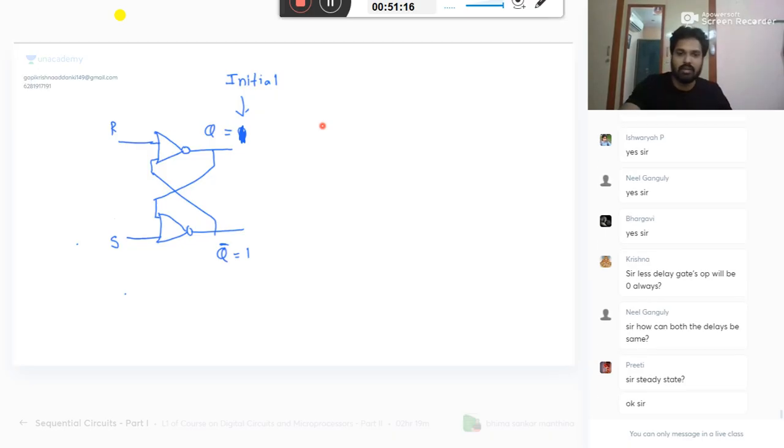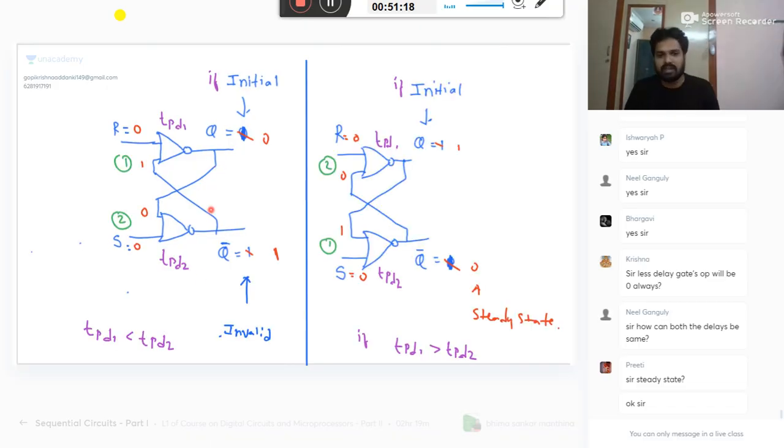Now listen here. Practically, at least some little difference may be there. Even if you make them with the same manufacturer, same beta value transistors, whatever you take, practically there will be some little propagation delay difference compulsorily between the two gates. Is it okay what I am saying?